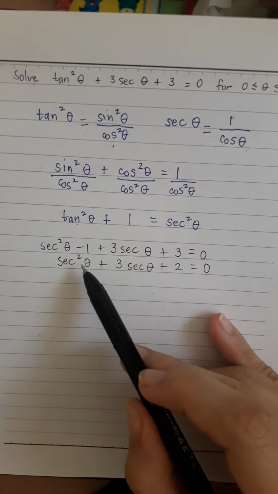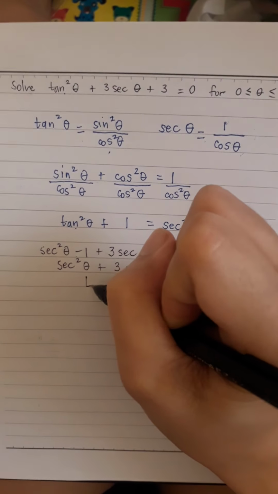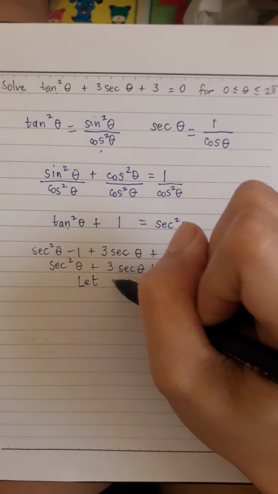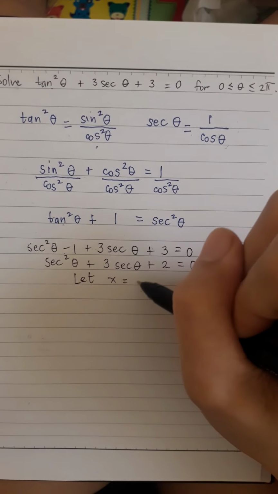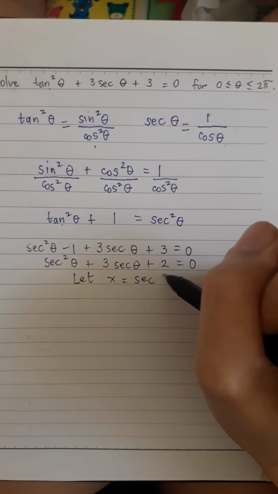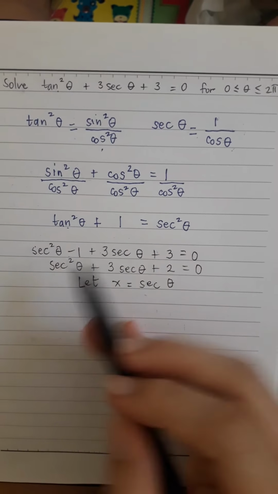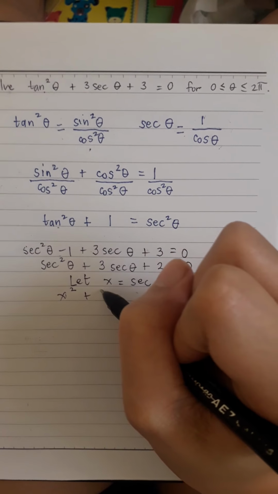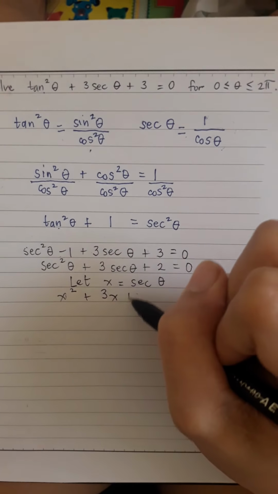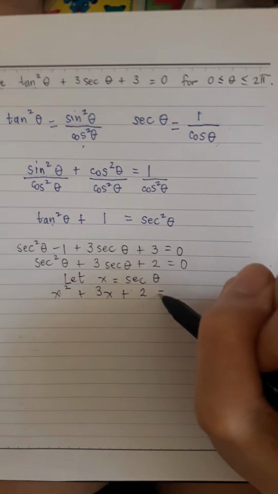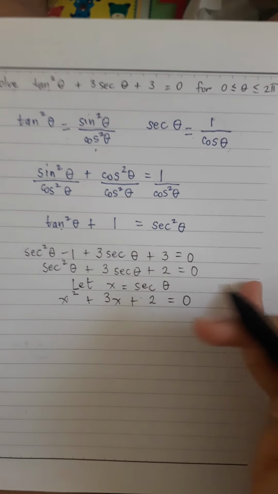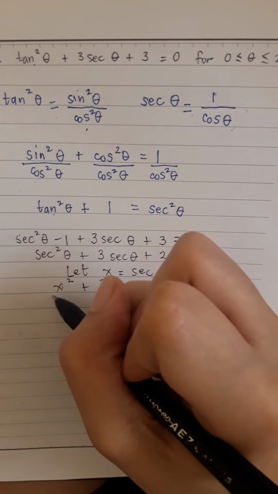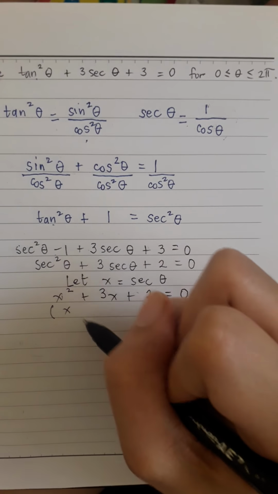Okay, quadratic. So we can use substitution. Let x be secant theta. And that will make this equation into x squared plus 3x plus 2 equals to 0. We can solve for the values of x. I will use factorization.